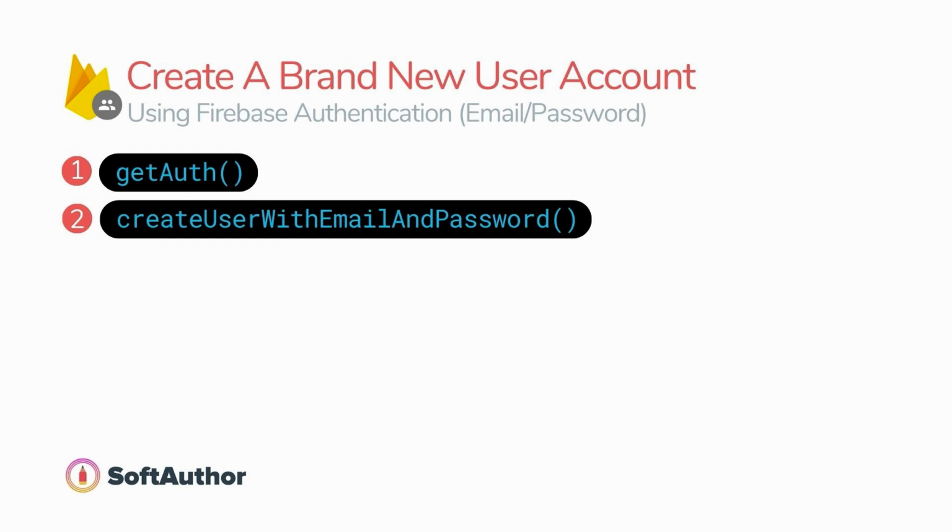The getAuth method will create an instance of an authentication object which we need to do any kind of authentication related operations, such as creating a new user account, logging into a user account, logging out of a user account, and so on. The second method is createUserWithEmailAndPassword. This is the one I'm going to use to actually create a new user account in the Firebase Authentication page.